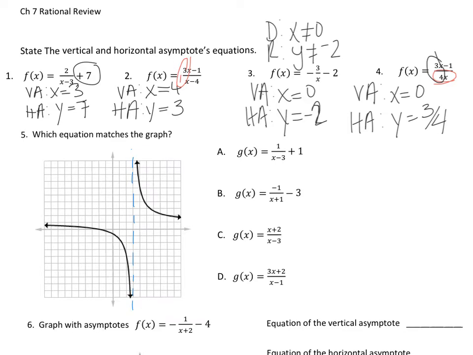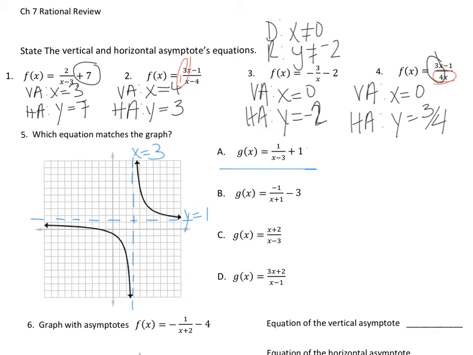Yeah, if we draw that, it doesn't touch it, so it looks like that's it. And then in this case, it looks like y equals 1 and x equals 3. So that means this is a possibility. A is a possibility because it has a horizontal asymptote at 1 and a vertical asymptote at 3.